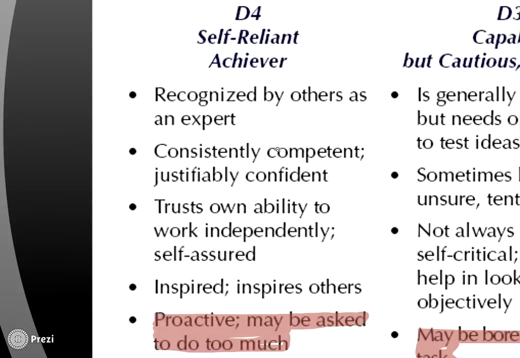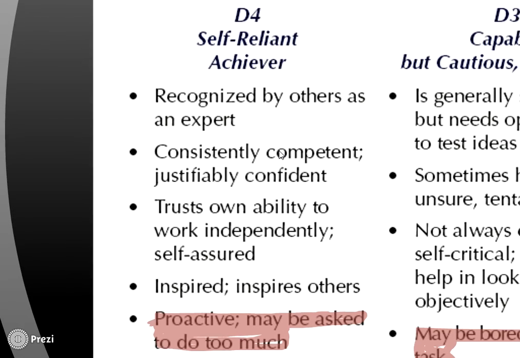However, one thing to be aware of is when we see people that are proactive and very competent and an expert, they may be asked to do too much, and their tendency is not to say no. So we have to be careful when we see these people in our TSC. We see our Scale 5 teachers that want to give workshops and do observations if they're ready, that we don't give them too much, because that can have a negative effect on their performance.